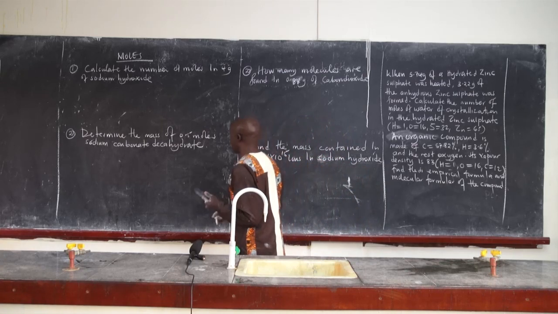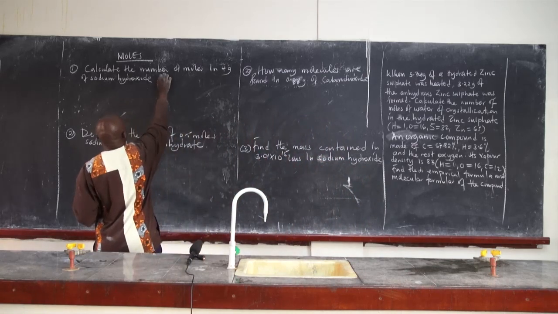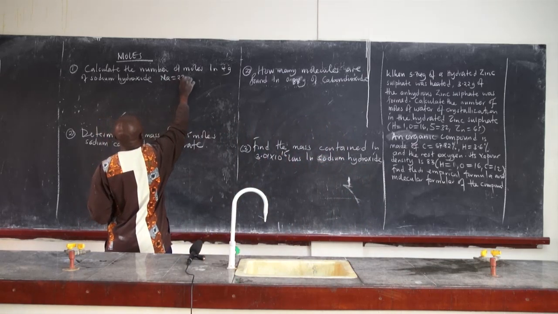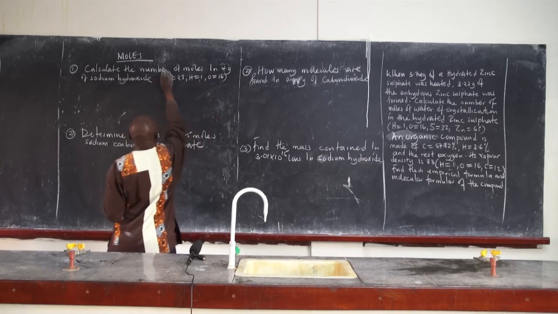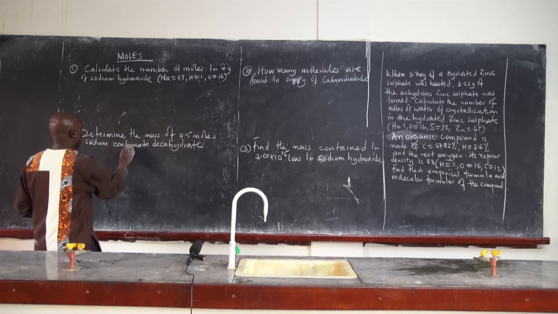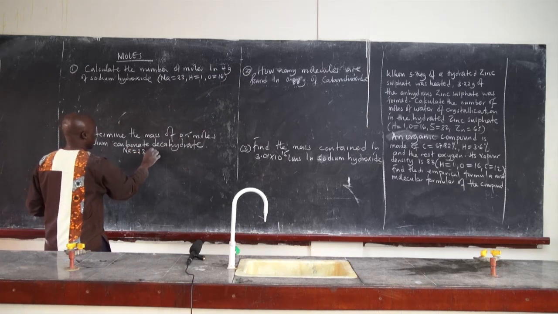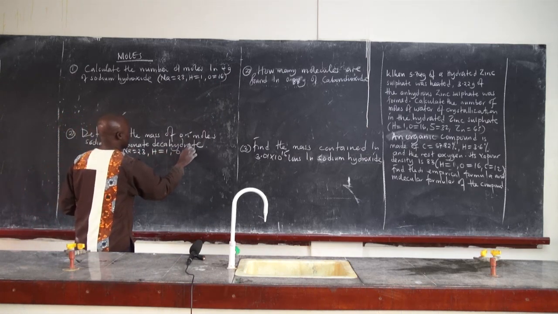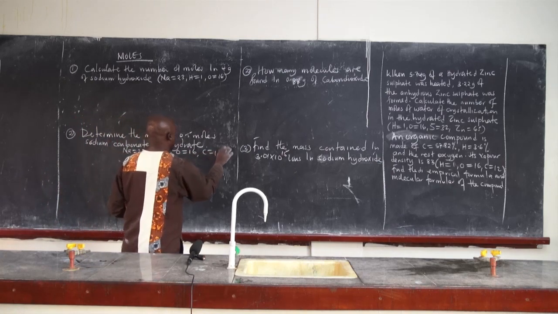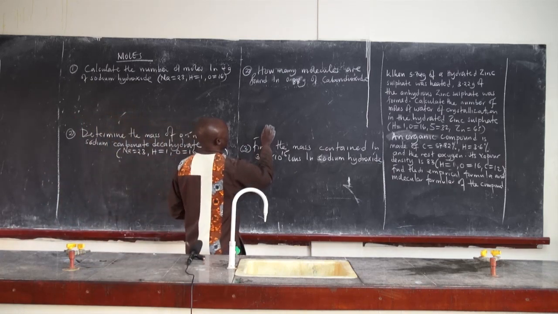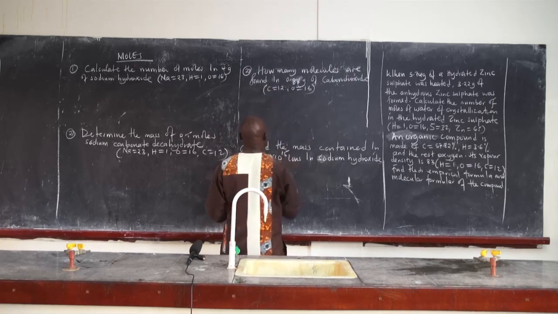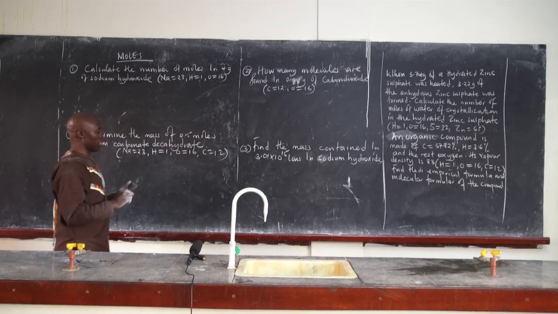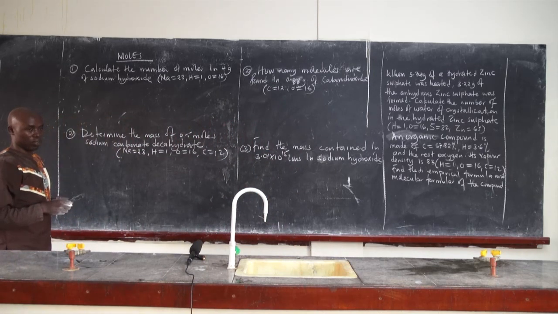Let's have those numbers discussed. Sodium is 23, hydrogen is 1, oxygen is 16, carbon is 12. Now let's punch that in very fast, so you are ready with the calculator.